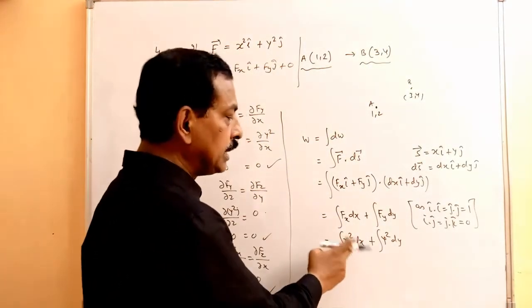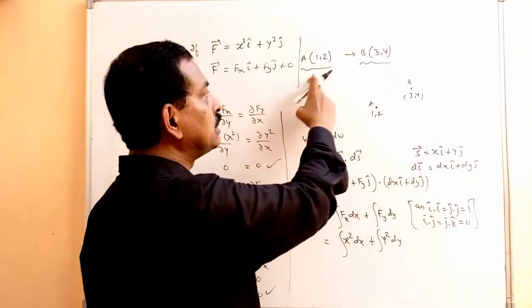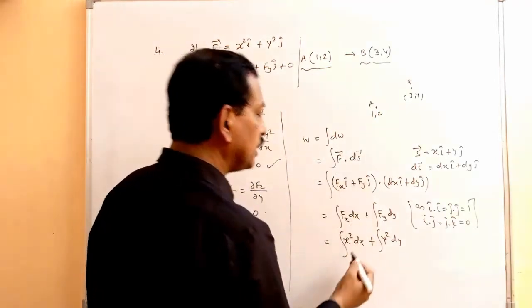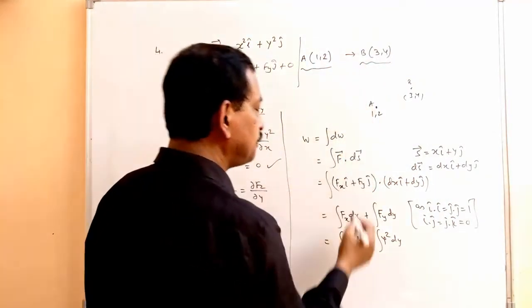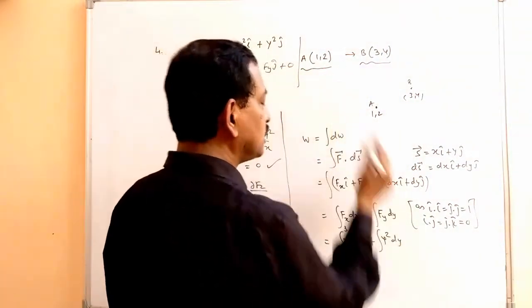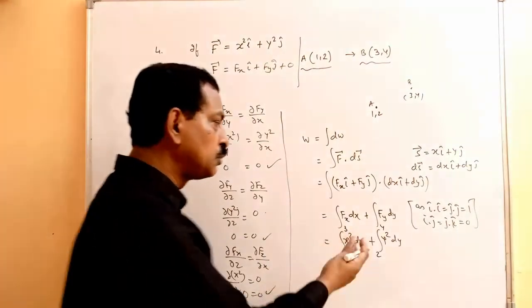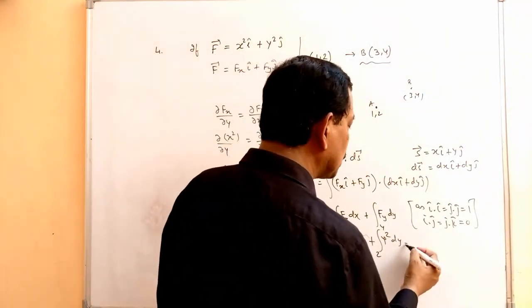Here it is the integral of dx, so what is the variation in the coordinate of x? It is 1 to 3. Similarly, for dy, it is the variation from 2 to 4. So now you just integrate and put the limits.